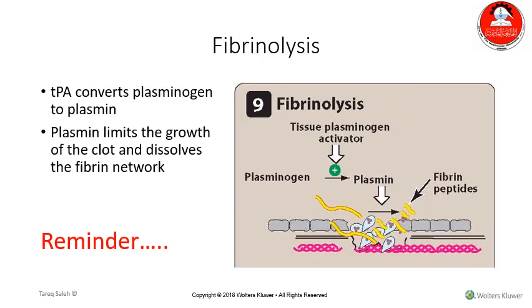Remember also that one of the last steps in the formation of a blood clot or a thrombus is fibrinolysis. Under normal physiological conditions, when you form a clot to, for example, repair vascular injury, you don't want that clot to keep growing indefinitely, meaning that you will have to control the size of the clot to be limited only to the site of injury.